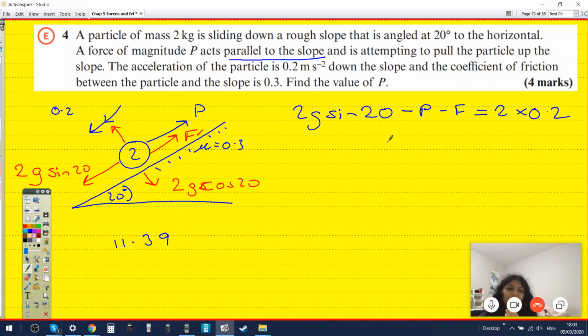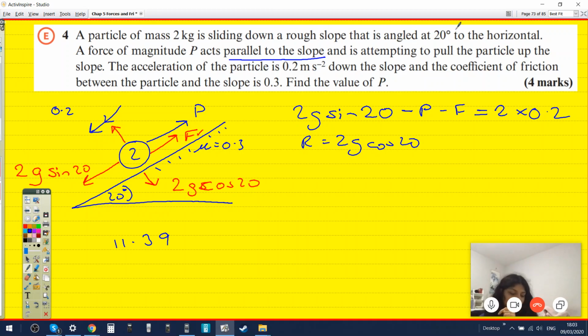Did you work out what f is? I mean, not what f or r is. Sorry. Is that 2g sine 20? Yeah, that's what I thought. Sorry, 2g... No, I got 2g cos 20. That's what I got as well. But I feel like I might have calculated the friction wrong because it doesn't work with anything. 2g cos 20 doesn't work when you put it into this equation. It still gives you a wrong answer, so I'm not sure why.